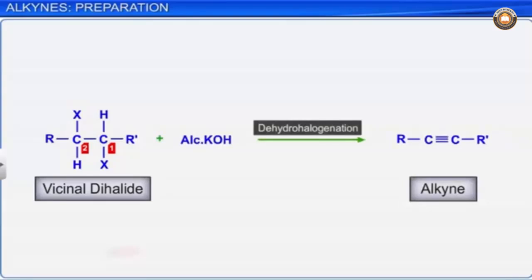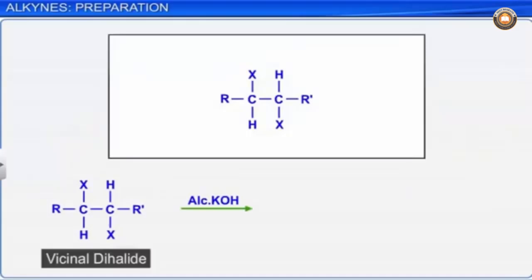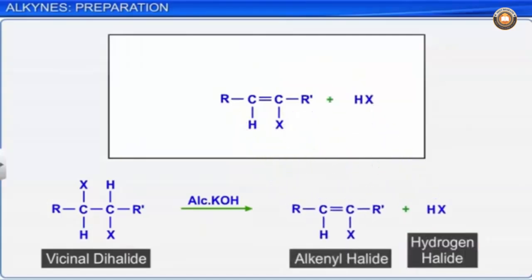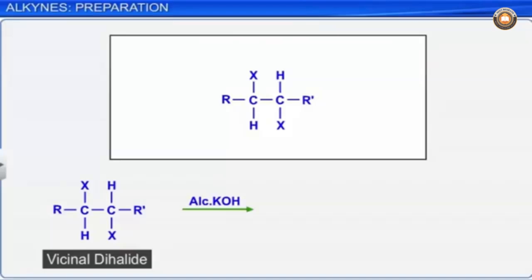In dehydrohalogenation, first, an atom of halogen on one carbon and an atom of hydrogen present on the adjacent carbon in the alkyl dihalide are eliminated as one molecule of hydrogen halide. This results in the formation of alkenyl halide. This alkenyl halide, when treated with a strong base such as sodamide, eliminates another molecule of hydrogen halide, thus resulting in the formation of an alkyne.